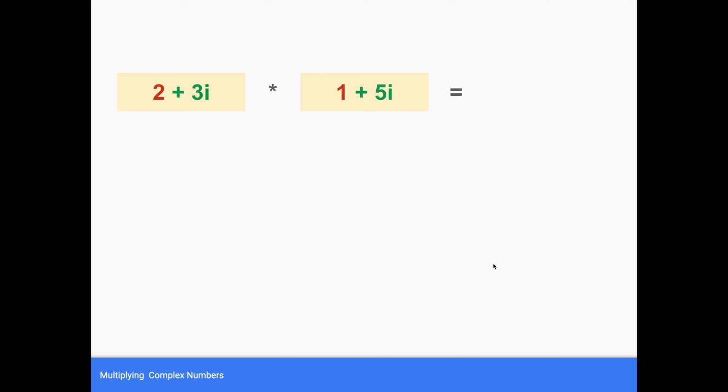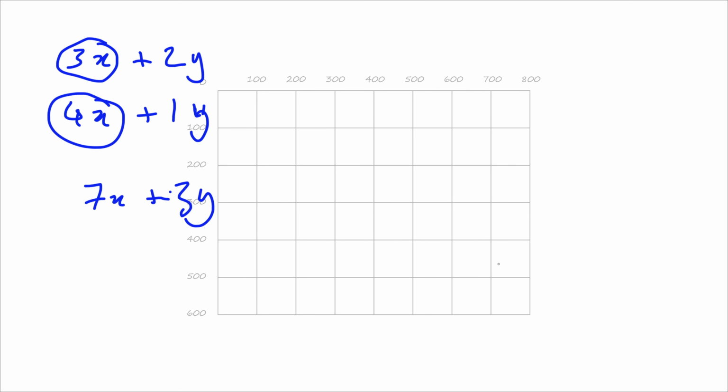Let's think about multiplication now. And let me go back to the simple algebra that we would have done at school to guide us. So if I had 3x plus 2y and I wanted to multiply it by 1x plus 4y, what would we do?